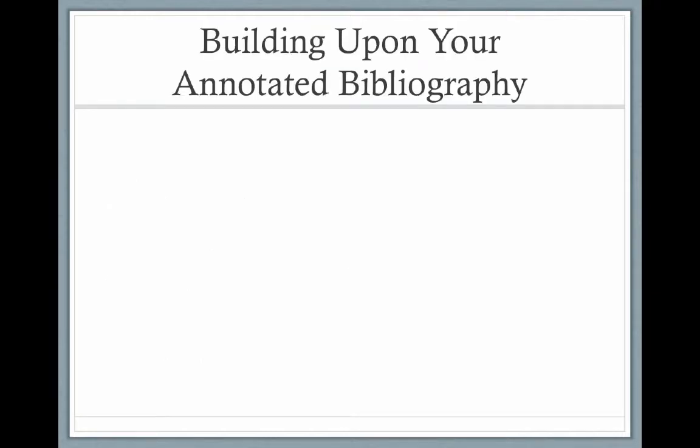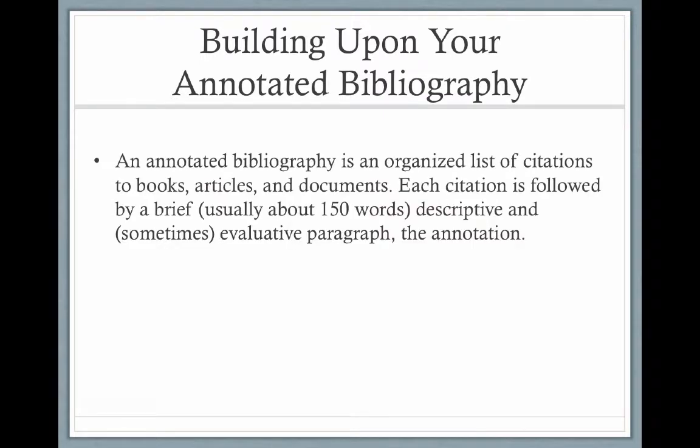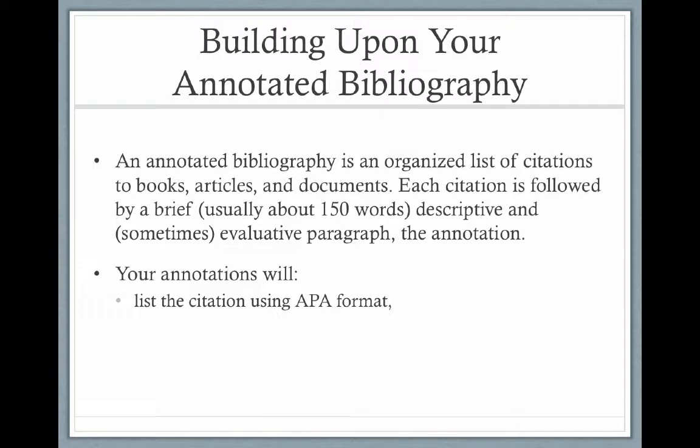So now it's your job to build upon what you've already done. Just as a reminder, you created an annotated bibliography that was an organized list of citations, books, articles, and documents. Each citation should have been followed by a brief descriptive paragraph, and that's the annotation. So it listed the citation and your description. Remember, please, that your annotation should use APA format.